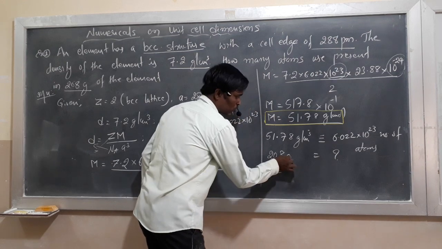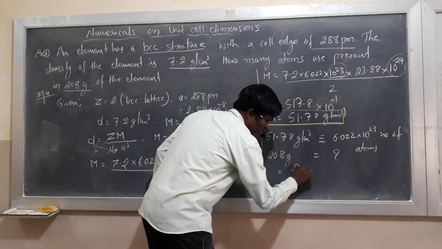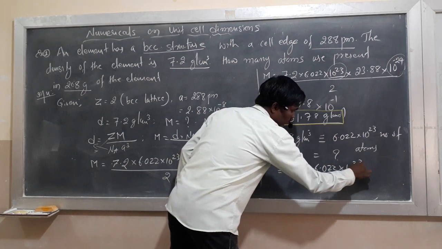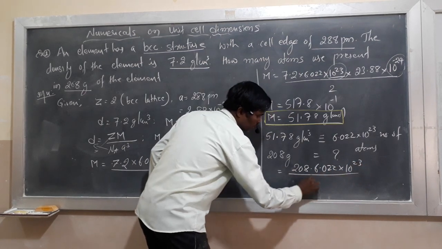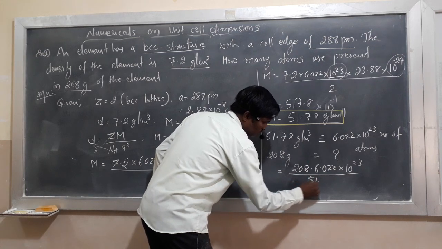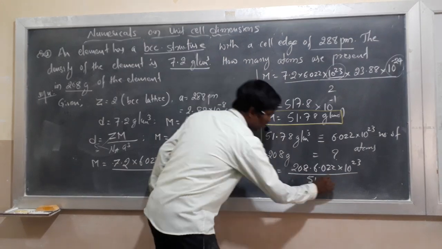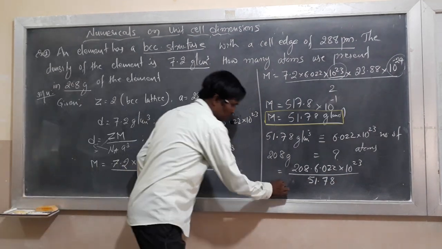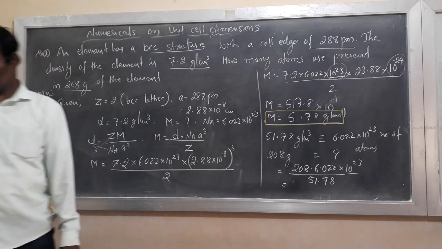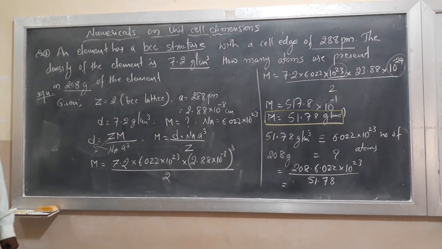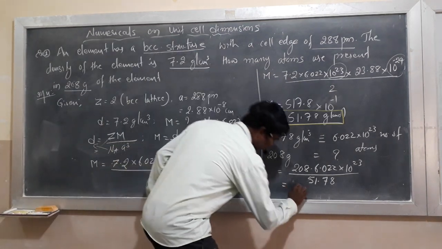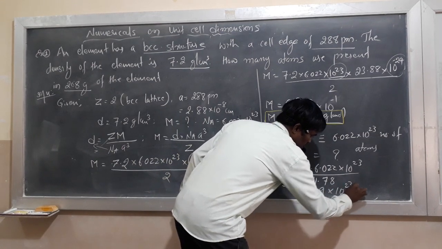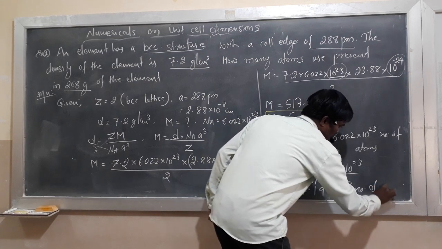This is equal to 208 into 6.022 into 10 raised to 23 divided by 51.78. Okay. Simplifying that, we get the answer as 24.19 into 10 raised to 23 atoms.